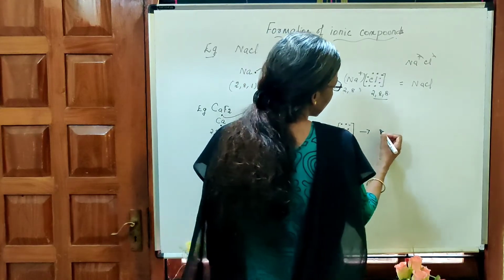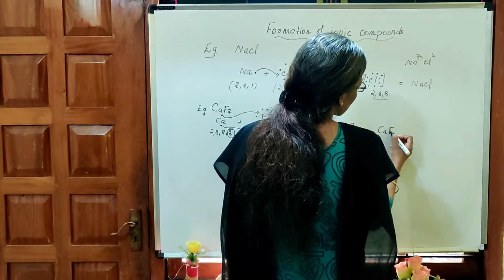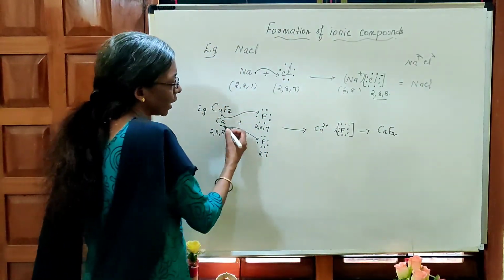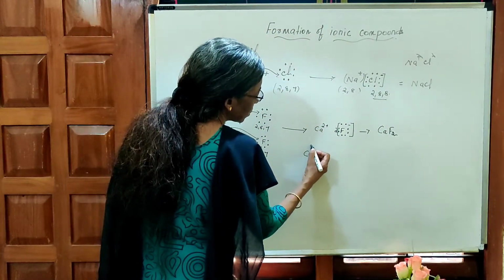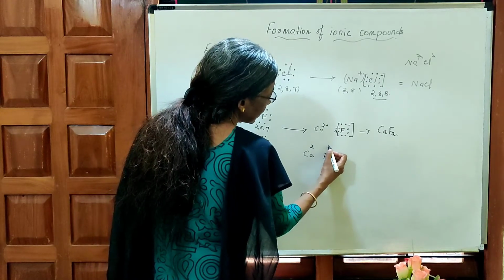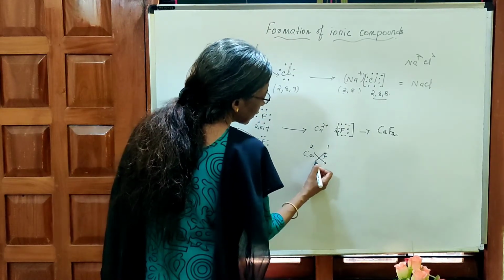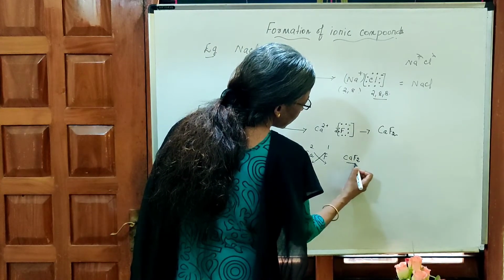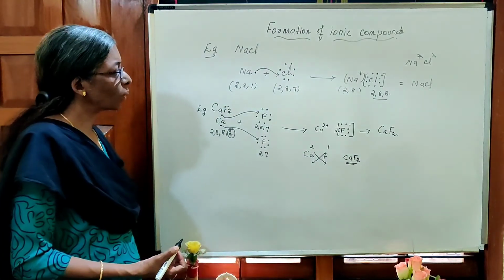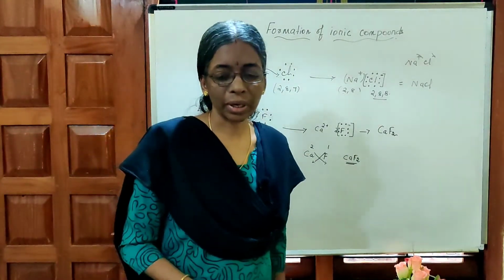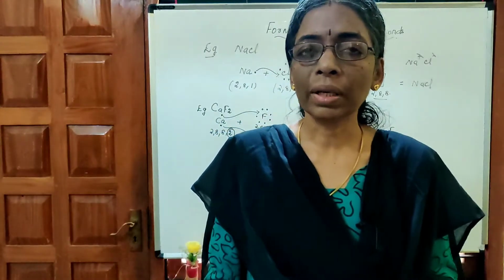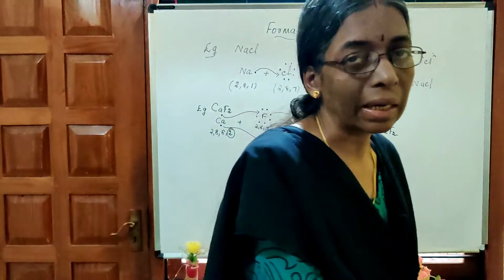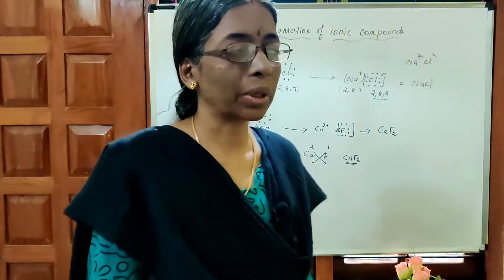That gives CaF2. We already studied that the valency of calcium is 2 and the valency of fluorine is 1, so if you cross them over, you get CaF2. This is how ionic compounds are formed: one atom loses the electron while the other atom gains the electron. So that is the formation of sodium chloride.